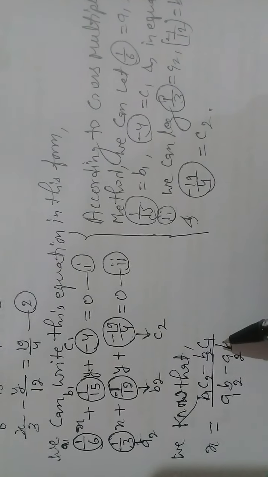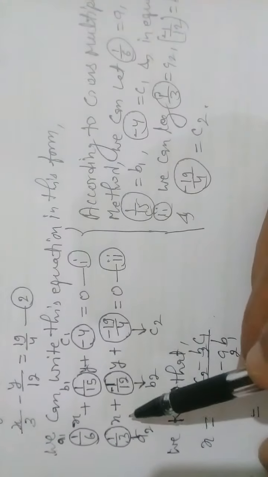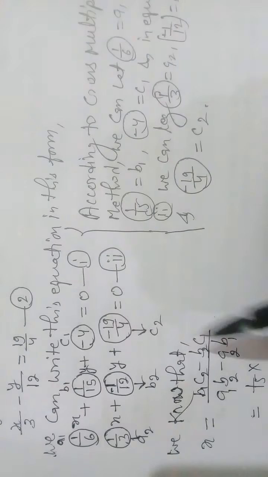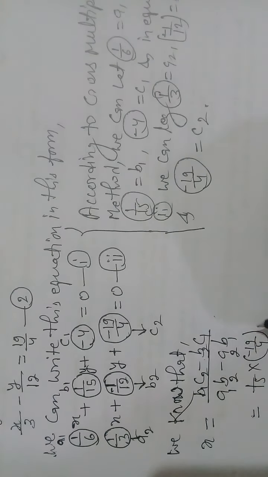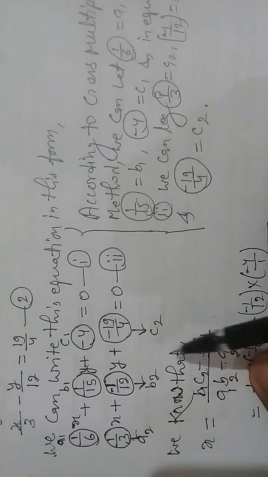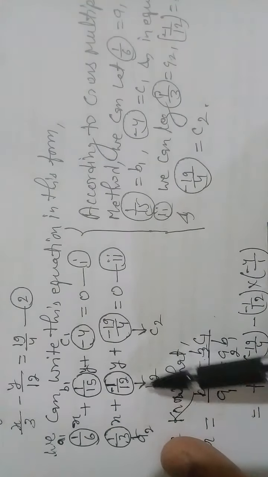Now putting the values from the given equations: value of b1 is 1 by 15 into c2 minus 19 by 4, minus b2 minus 1 by 12 into c1 minus 4, over a1 1 by 6 into b2 minus 1 by 12 minus a2 1 by 3 into b1 1 by 15.